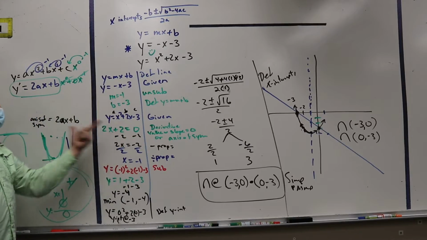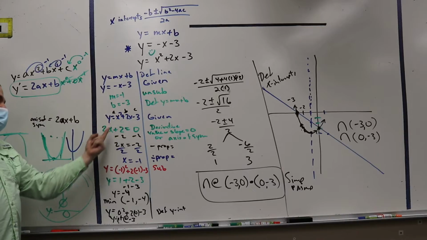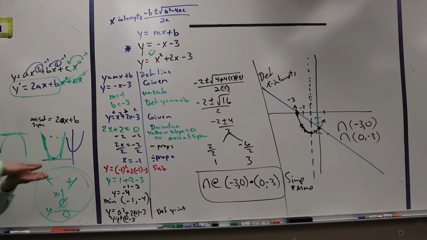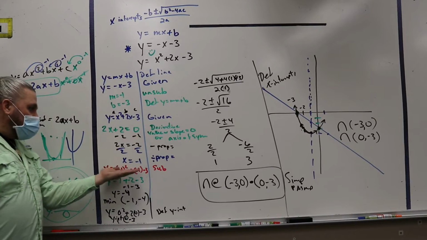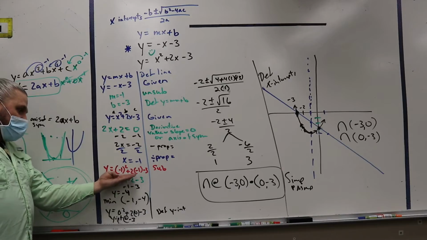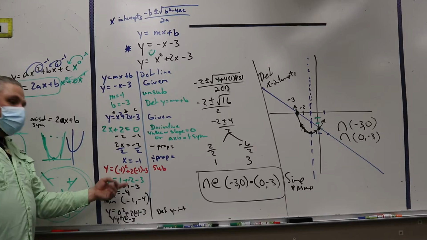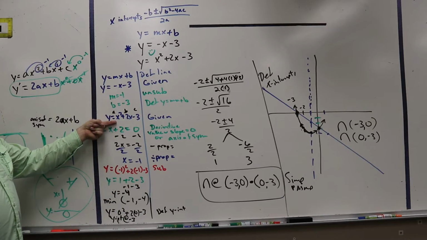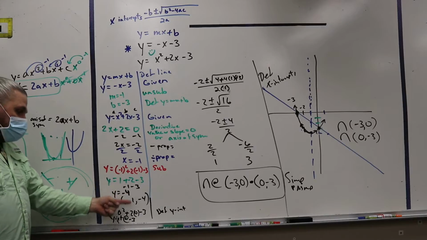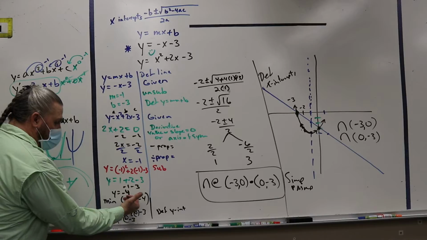So we set it equal to 2ax plus b, or the derivative is 2x plus 2 equals 0, because at that point the slope is 0. Then we solved, so the axis of symmetry was -1. Then we took that axis of symmetry, substituted it into the original equation, and found what the point was at the minimum value for that equation. That was -1, -4.